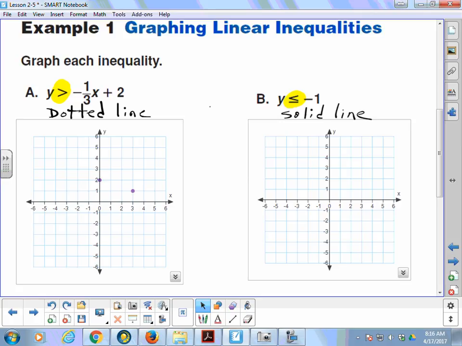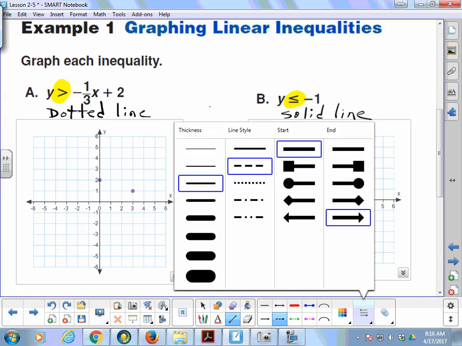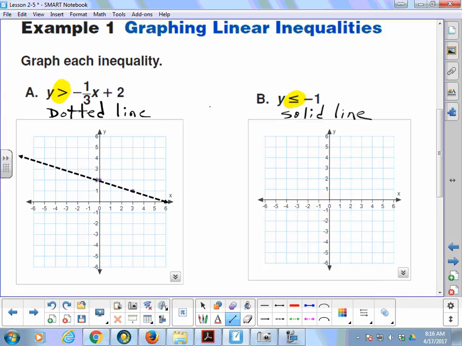Now, this is going to be a dashed line that goes through here then. Okay? So when I draw this dashed line, or dotted line, that goes through the graph. So instead of it being a solid line, because it just says greater than, we're going to make a dashed line. And then we're going to shade.